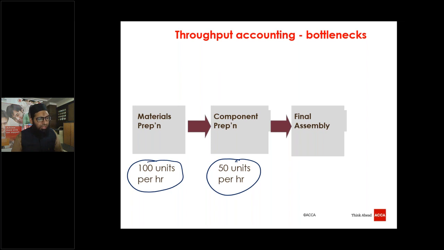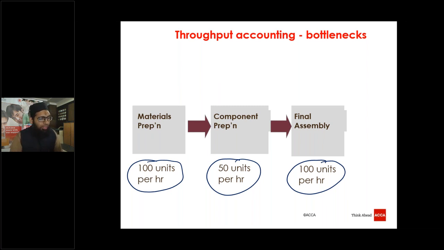And then comes the final assembly, which produces 100 units per hour. Each of our final products will first go into material preparation, then into component preparation, and then into final assembly.